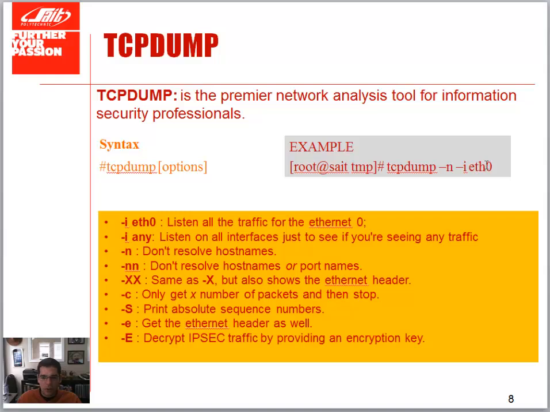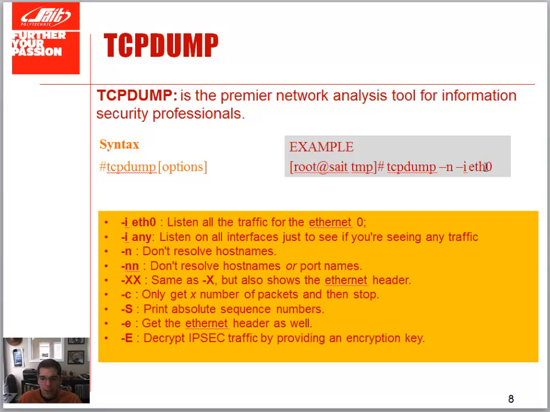Just replace 0 with the other number that you have for the main interface, the external interface, and start doing this. The -n means don't resolve host names. It's going to show only IP addresses. If you want to know the host names, it takes time. tcpdump has to resolve every single connection, every single IP that shows up during the scanning.